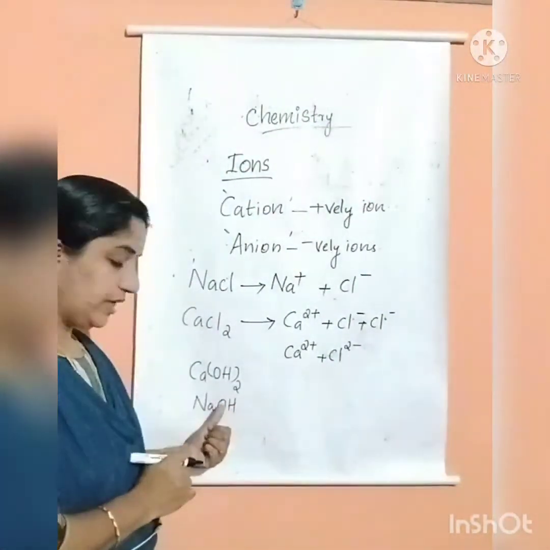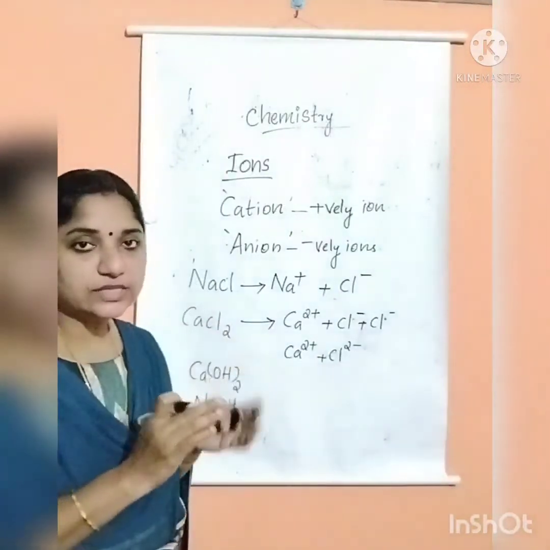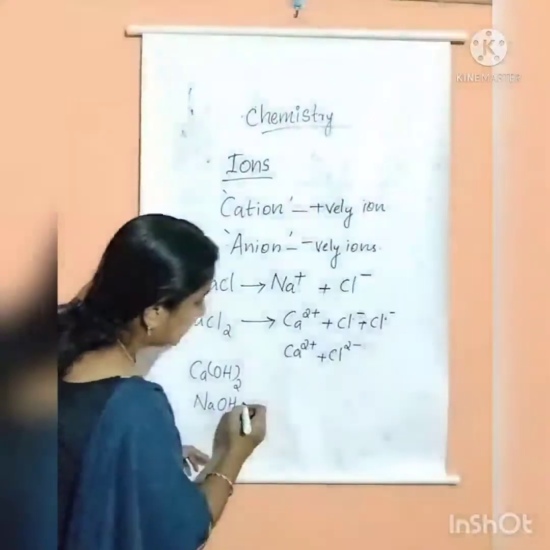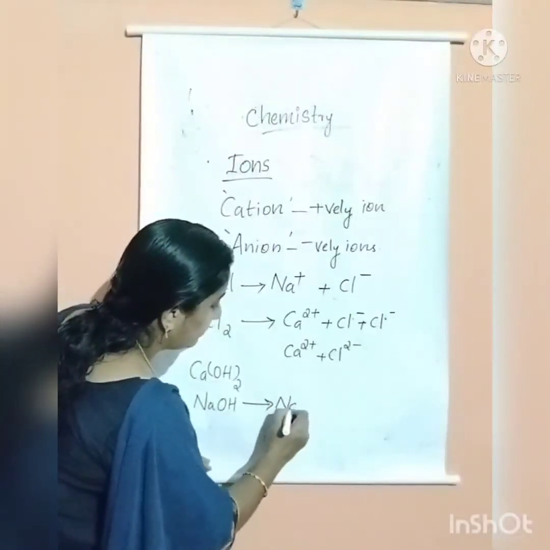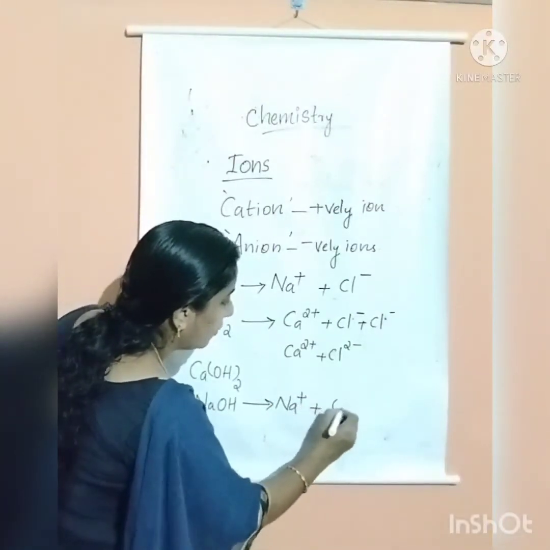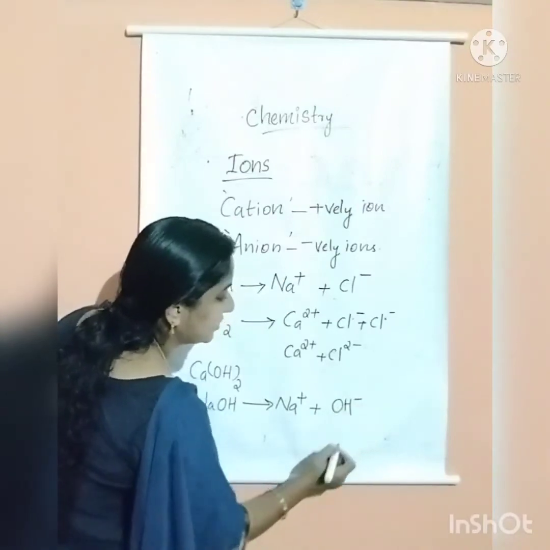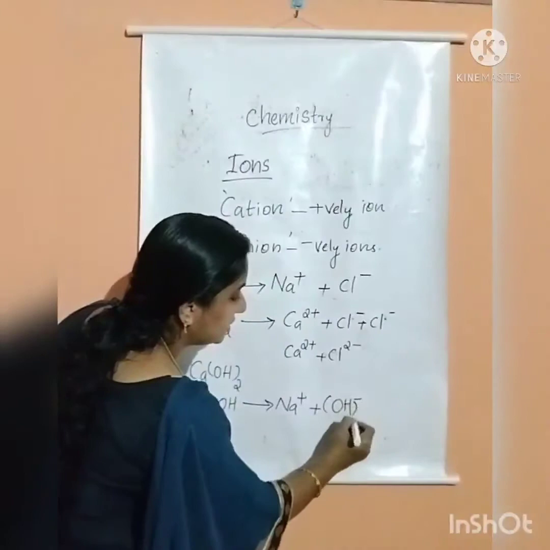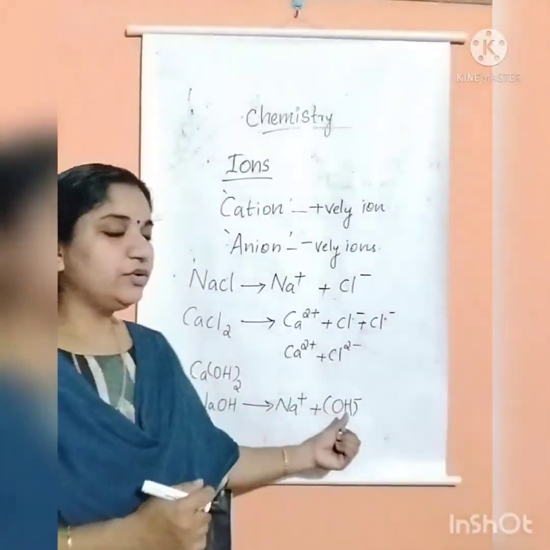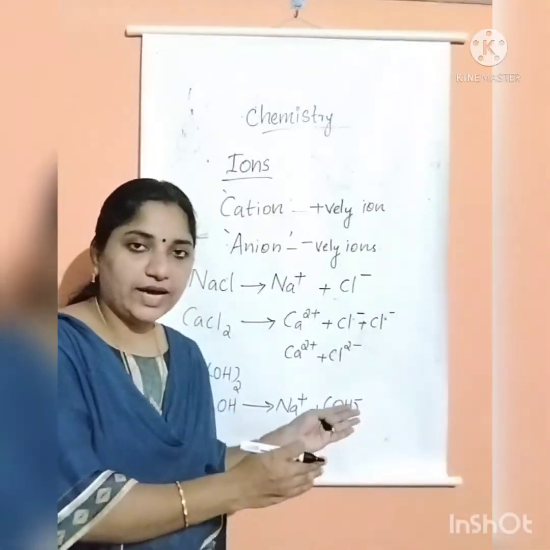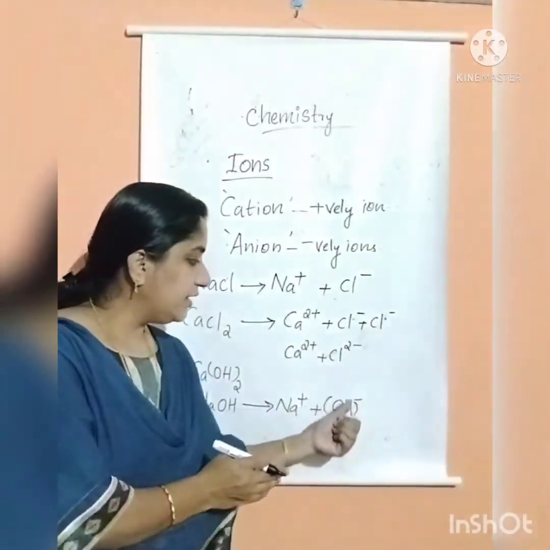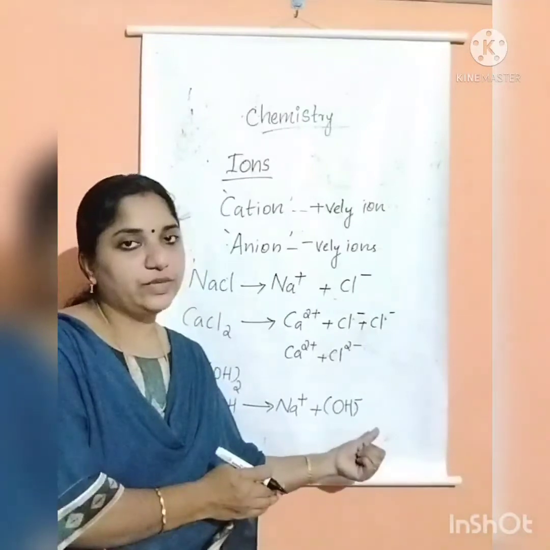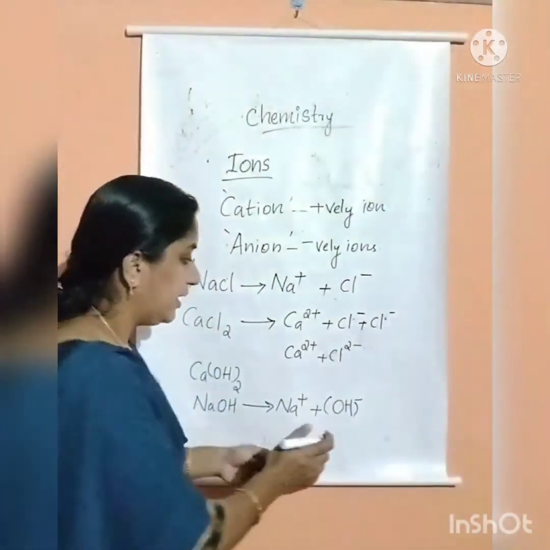OH means hydroxyl group. Here you can see that Na+ and OH-. So here you can see a group of atoms having a charge. This is known as polyatomic ions.